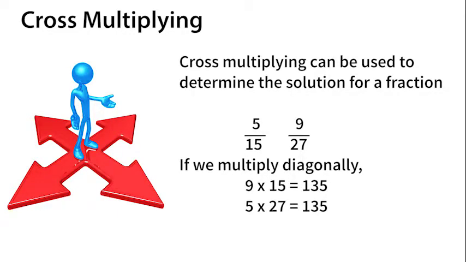Now keep in mind what we talked about earlier: when we're dealing with fractions, sometimes it's easier to reduce our number to come up with a smaller number so that we don't have a multiple that's so large, because larger multiples can tend to lead to errors.